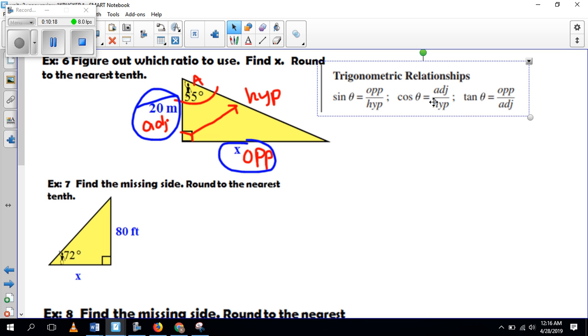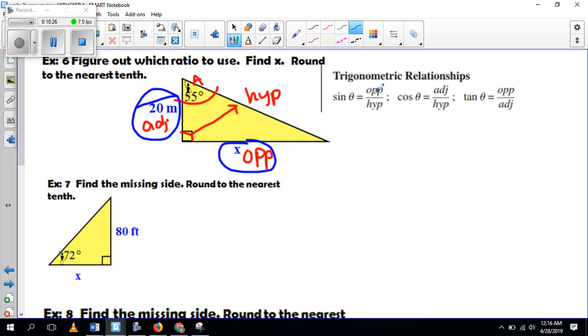We're going to look for the ones that use opposite and adjacent. Sine uses opposite and hypotenuse, so it can't be sine. Cosine uses adjacent and hypotenuse, so it's not that one. And so tan is the one that we're going to use.